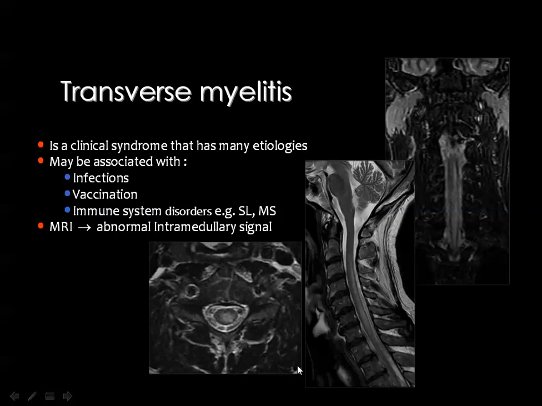And we start first by the cord pathology, and the first lesion in this category is the transverse myelitis, and this is not a disease.